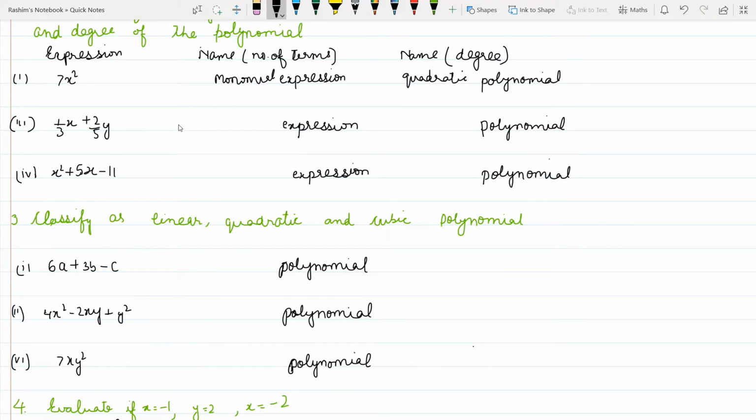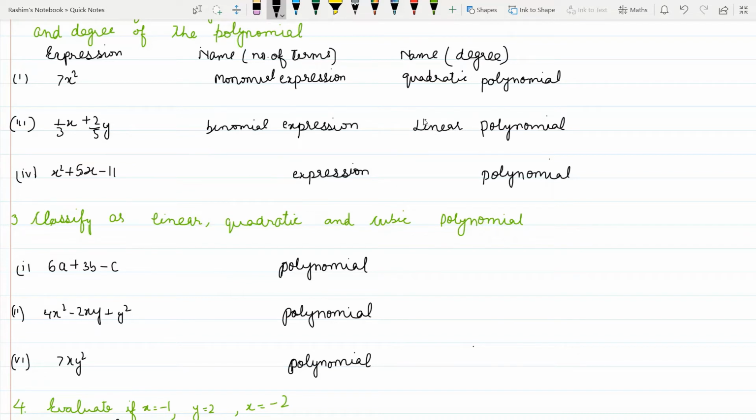Alright. Now this expression, 1 upon 3x plus 2 upon 5y. We can see here there are two terms. So this is a binomial. Two terms means a binomial expression. And here we can see degree 1, power 1 means degree 1. When degree is 1, this is a linear polynomial.